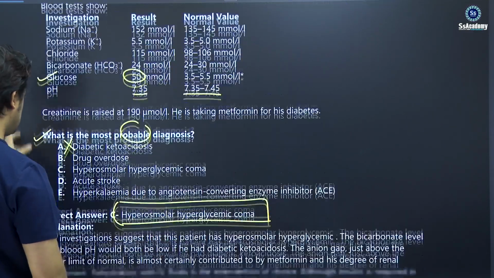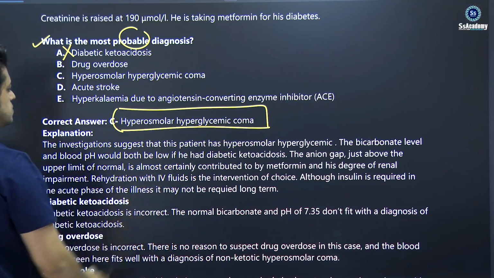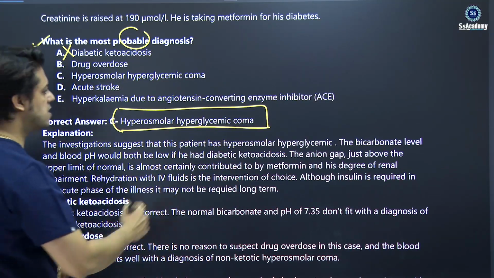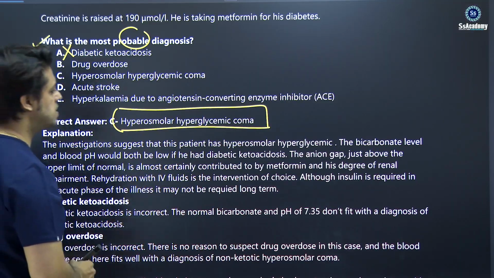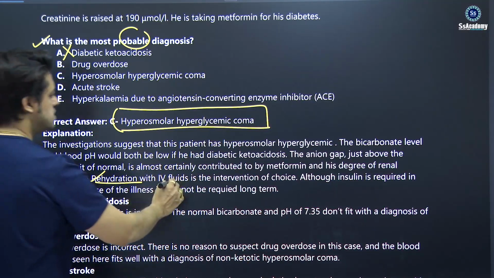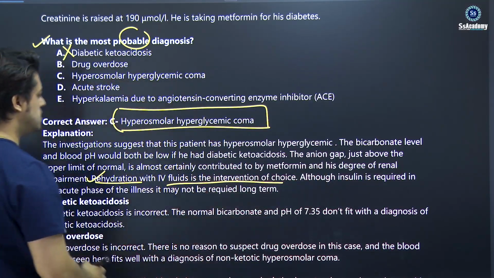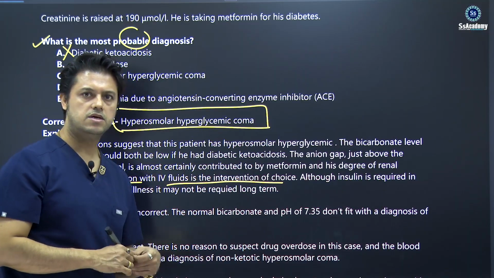The investigation suggests that this patient is hyperosmolar, with a normal bicarbonate level and blood pH, so it is not DKA, and the anion gap is just above the upper limit of normal, certainly contributed to by metformin and the degree of renal impairment. Rehydration with IV fluids is the intervention of choice. Although insulin is required in the acute phase of the illness, it may not be required long term.